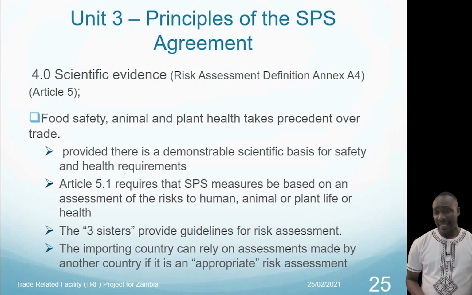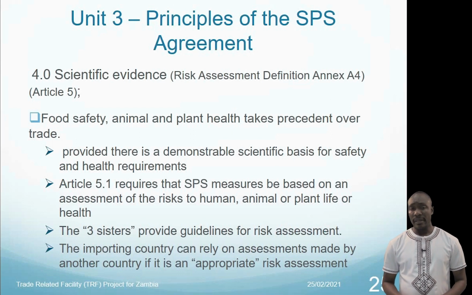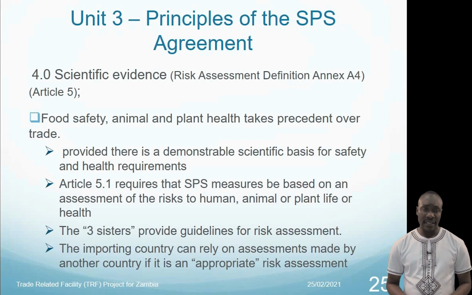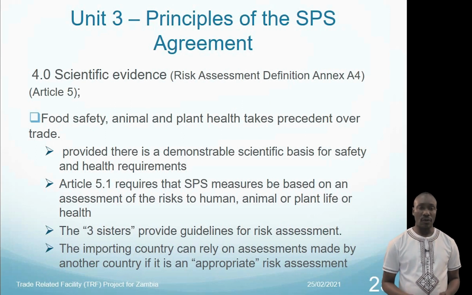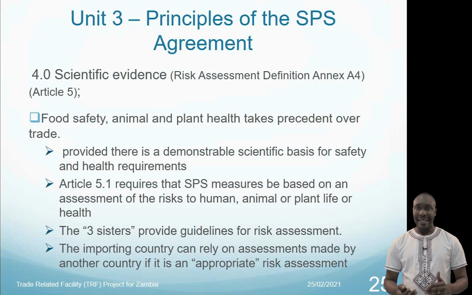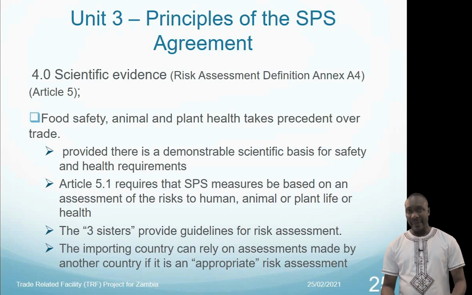Article 5.1 of the SPS agreement, like you've been informed, we'll try and delve a little bit more into the article on scientific evidence, because it is very unique to the spirit of this training session. So Article 5.1 requires that the SPS measures be based on an assessment of risk to human, animal, or plant life or health. The beauty about this risk assessment is that it's not arbitrary.